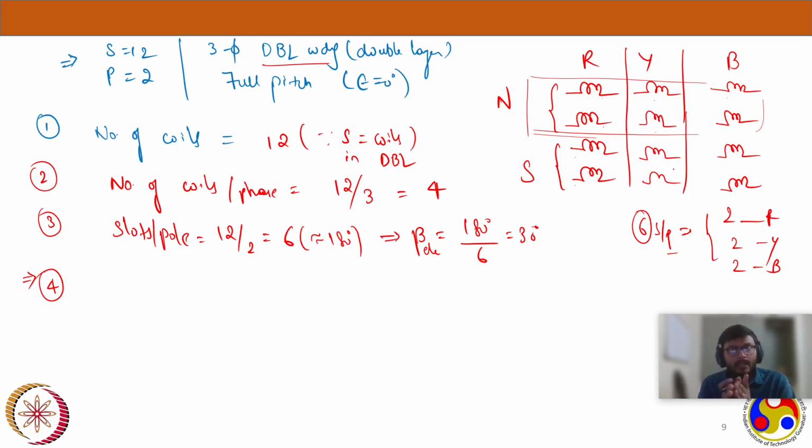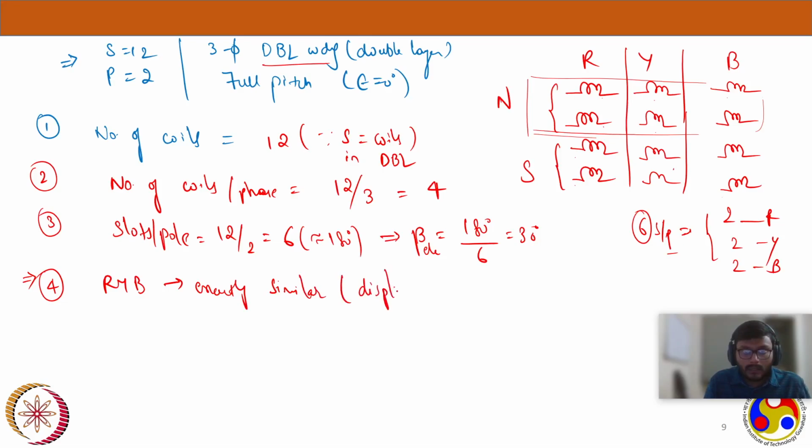It's just that they are displaced 120 degrees in space. That is the point which I have to mention here. R, Y, B: exactly similar winding but displaced by 120 degrees in space.